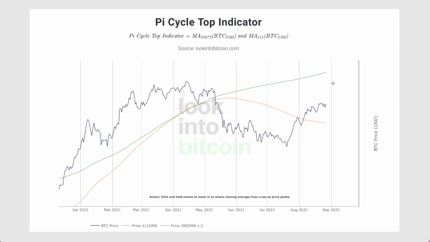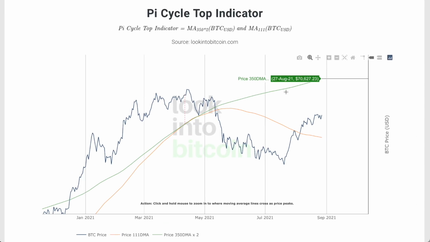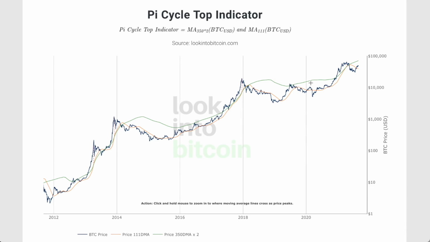So one of the things to watch out for in terms of this potential moving average resistance later down the line at 70K, if Bitcoin over time breaks these highs over here of 65K, there is some possibility that we could see a rejection from this MA, just looking back on previous price history through the lens of this pi cycle top indicator.